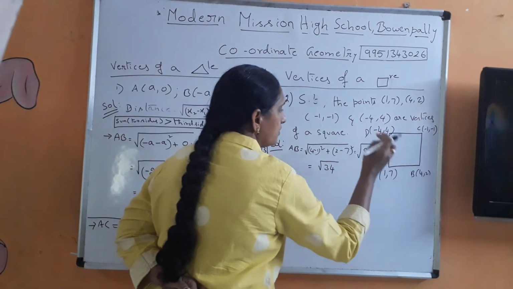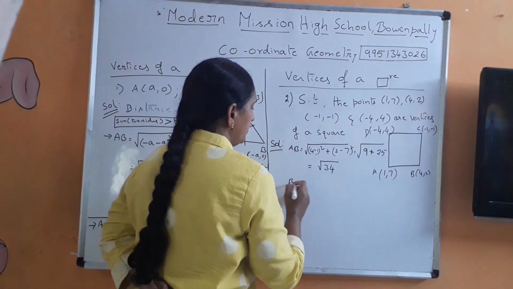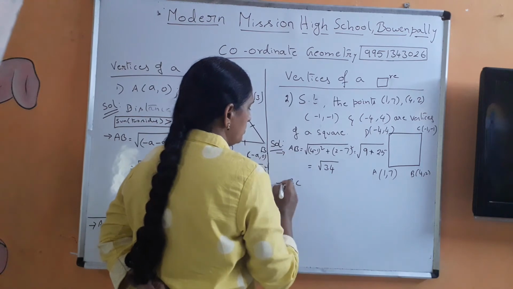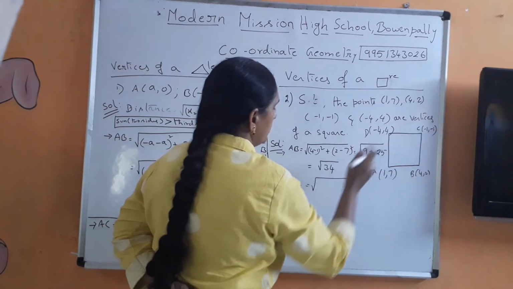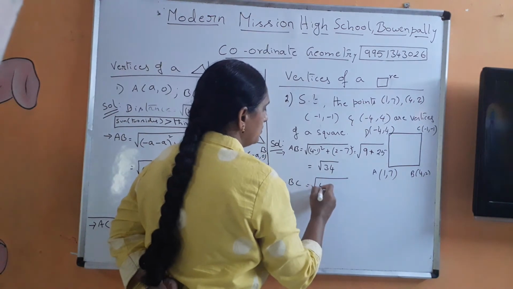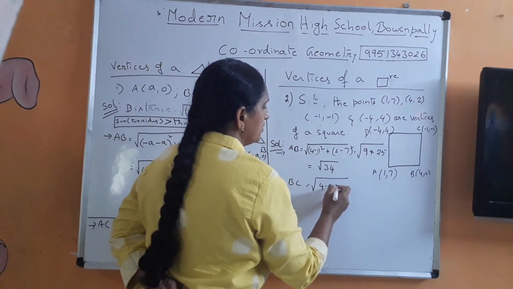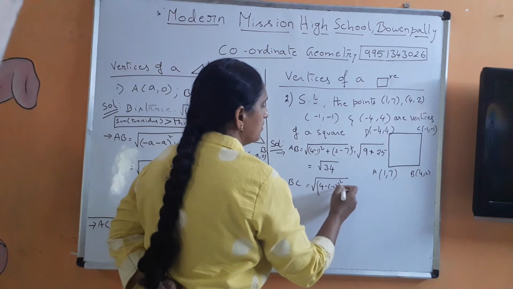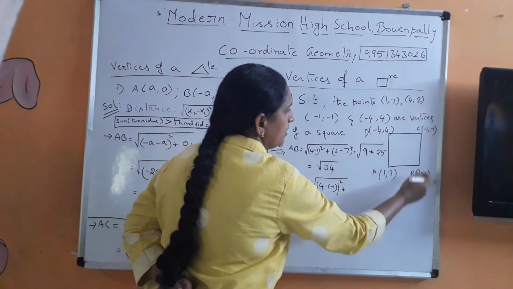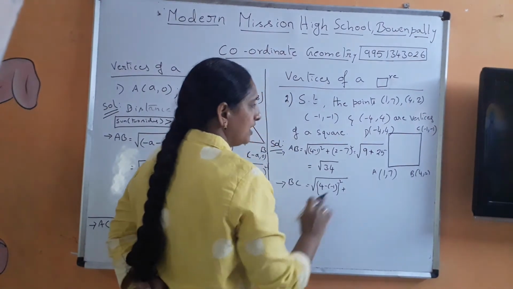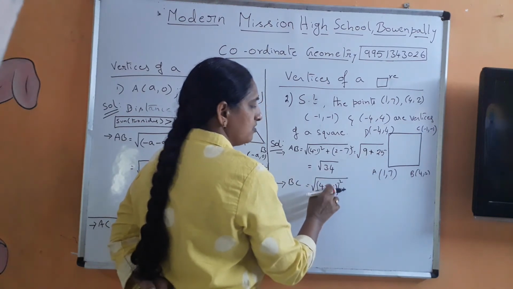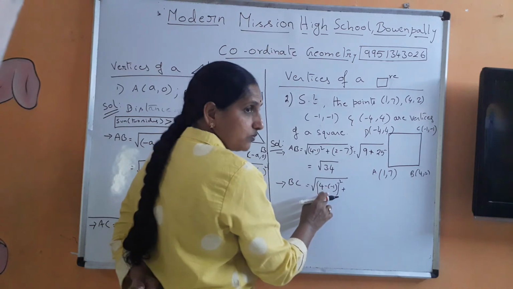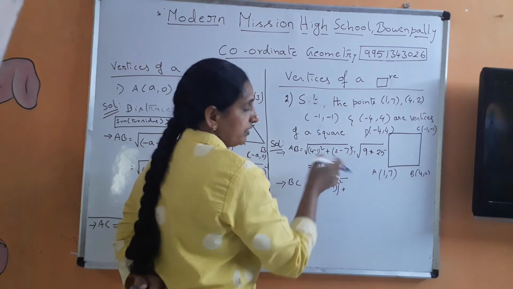AB is root 34 units. Now let me find out BC. 4 minus of minus 1 whole square. You can also take minus 1 minus 4, that will become minus 5, minus 5 whole square is 25. 4 minus of minus 1 becomes plus 1, 4 plus 1 is 5, whole square again.